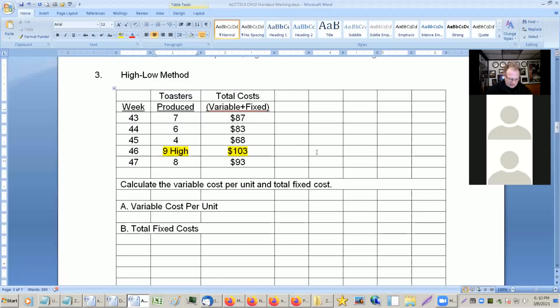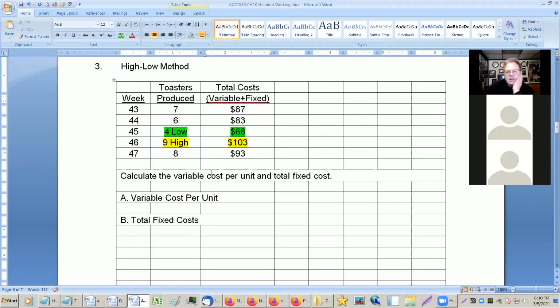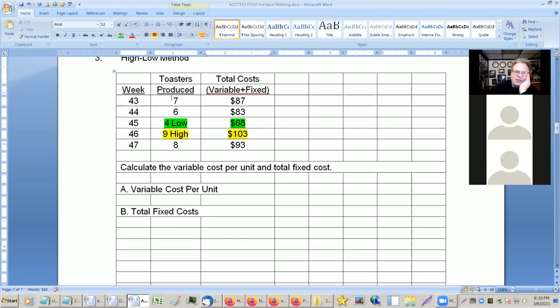And 4 looks like the low. Okay, so we just take the high and the low, and notice that we ignore all the rest of these. We don't do anything with the rest of those. For the high-low method, it's just the high, just the low. Okay, and we take the difference between those two.